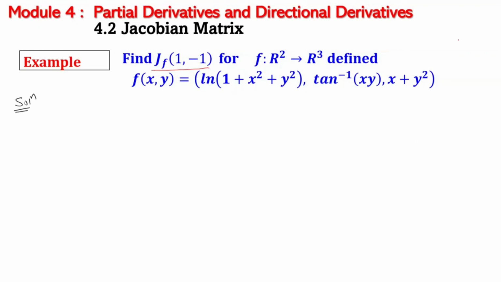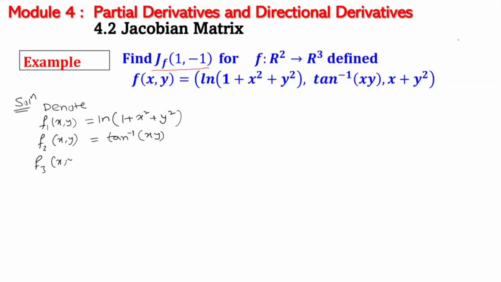So denote f1(x,y) = ln(1 + x^2 + y^2), f2(x,y) = tan^{-1}(xy), and f3(x,y) = x + y^2.